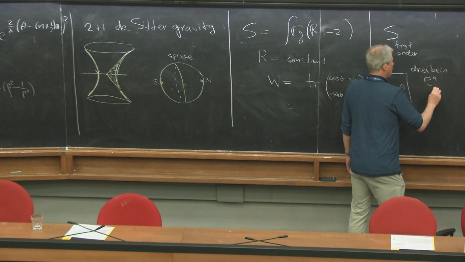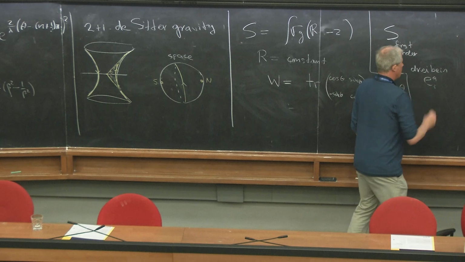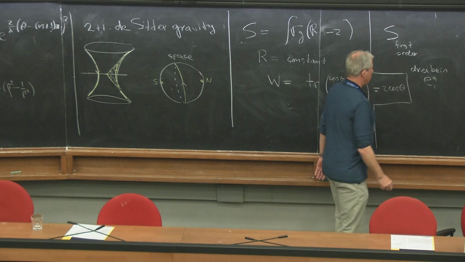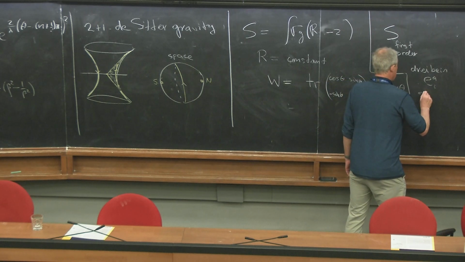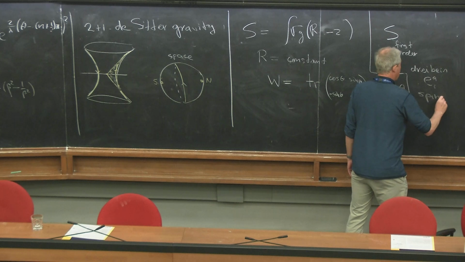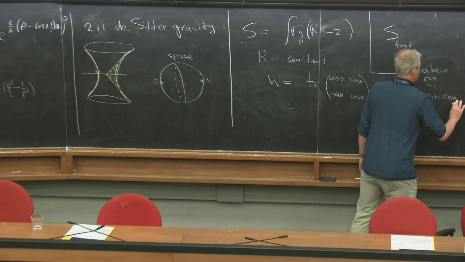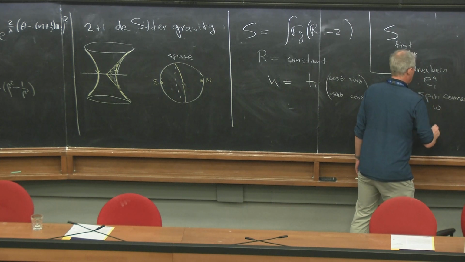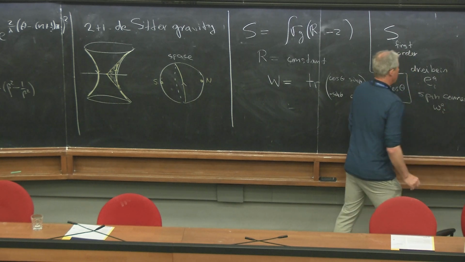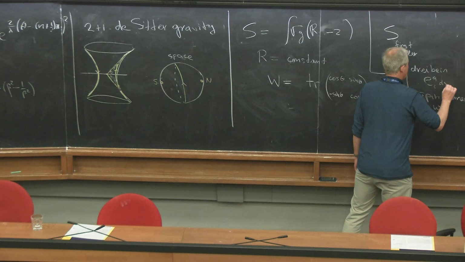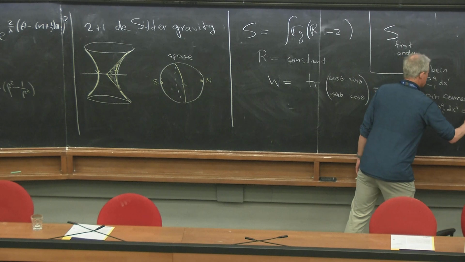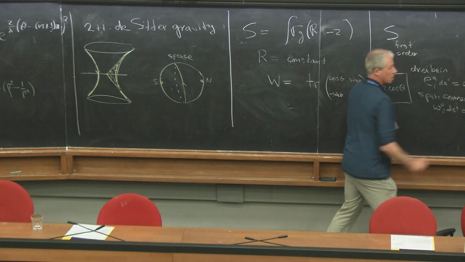So there will be a three-component frame field, and there will be a spin connection. Let me call this thing omega, call this thing E.